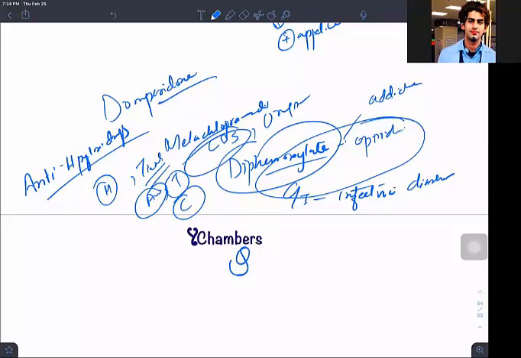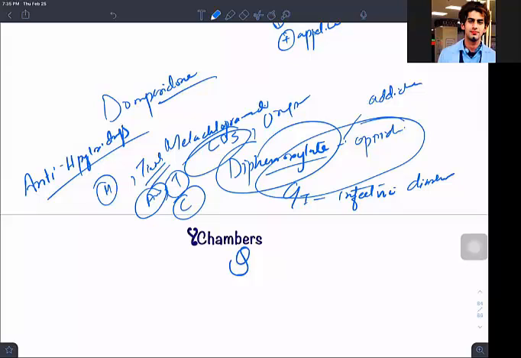If I want to heal an ulcer, which drugs can I use? Sucralfate. Very nice. Can you tell us what is the most potent H2 blocker?